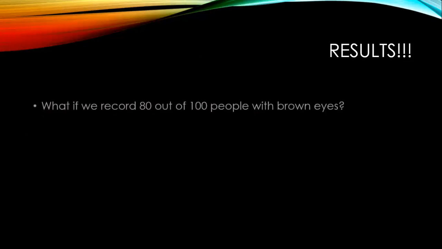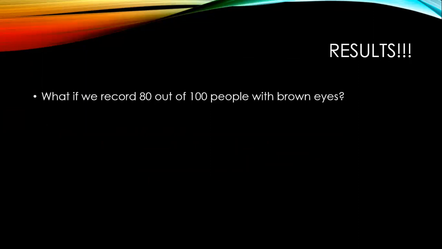Okay, so let's think about what results we could get. Remember, we have a sample of 100 people in our town. We're going to collect a random sample of 100 people and count how many of those 100 people have brown eyes. That's the whole point of this investigation.